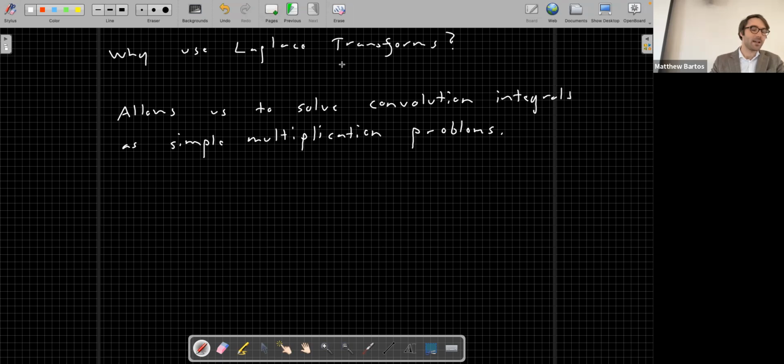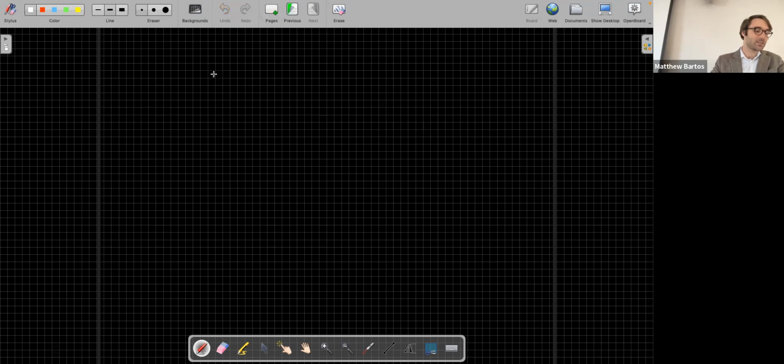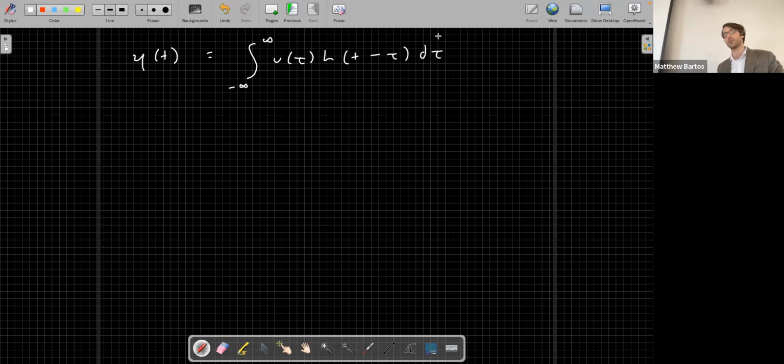Okay, so let's say that we have some function in the time domain, y of t is equal to the convolution integral from negative infinity to positive infinity of u tau h t minus tau. So this is, for instance, the particular solution corresponding to some system with an impulse response function h and an input u.